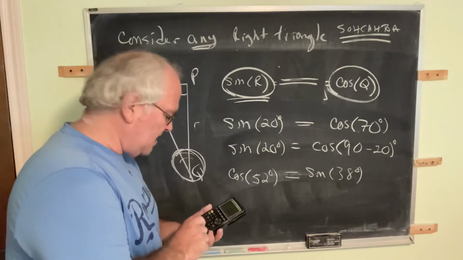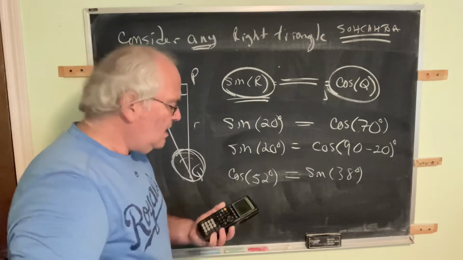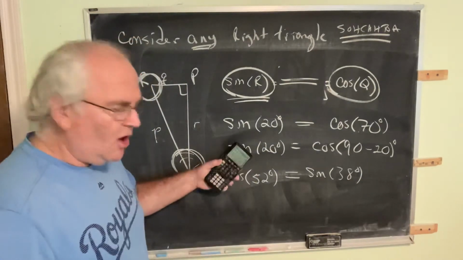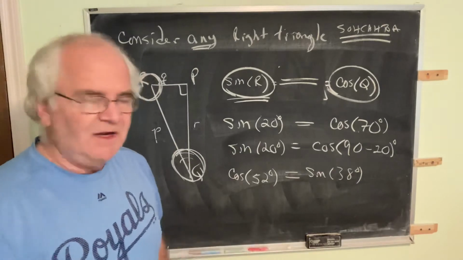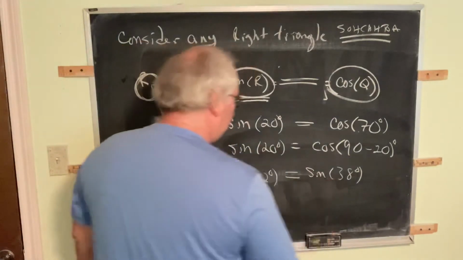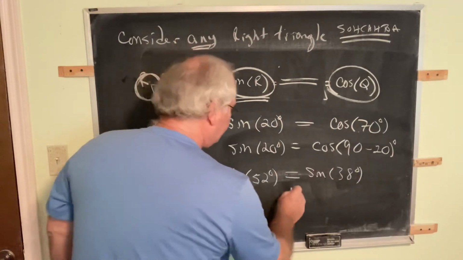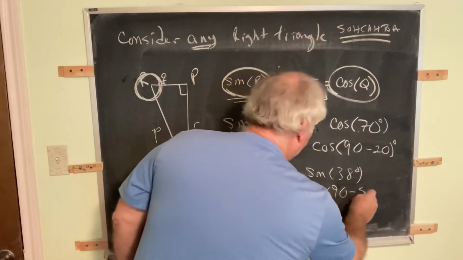And if I do sine of 38 degrees, I get 0.61566 blah, blah, blah. So yes, these are in fact correct. That doesn't prove anything, but it serves to solidify your notion that these are in fact the same thing. Now, where did the 38 come from? It came from here. This is sine of 90 minus 52.